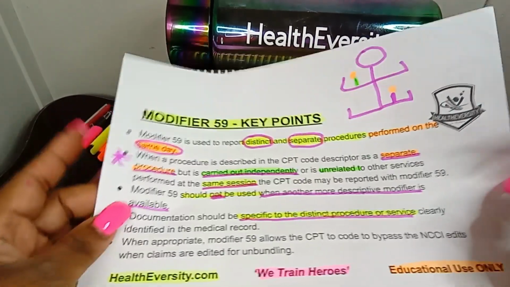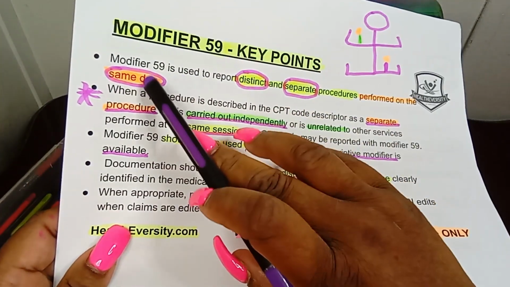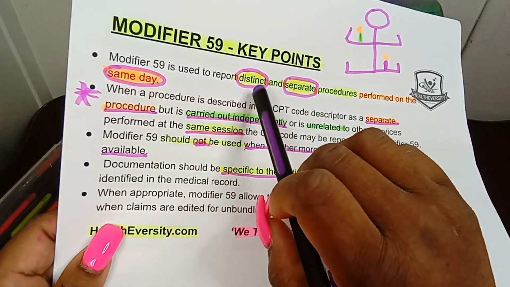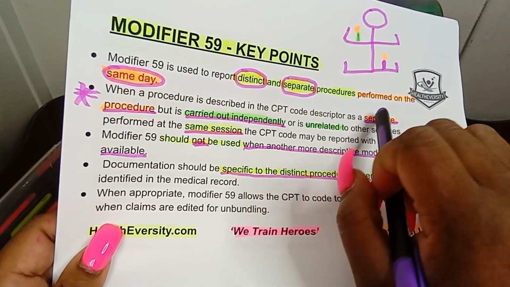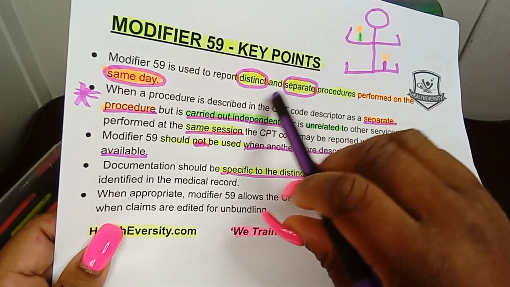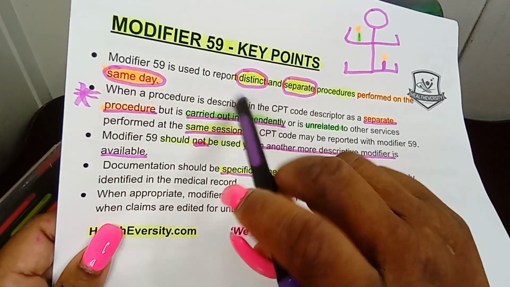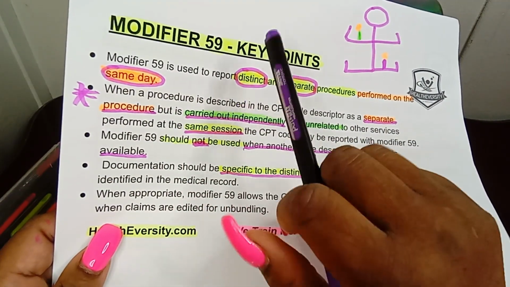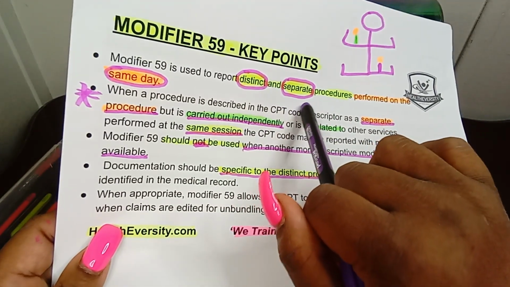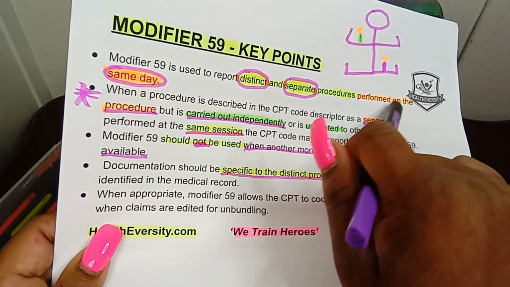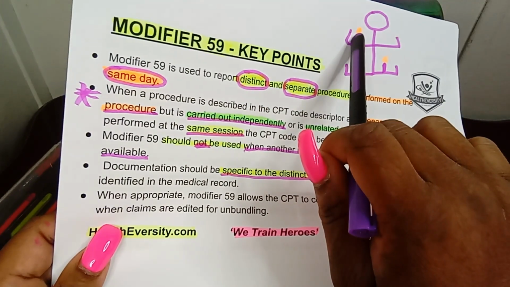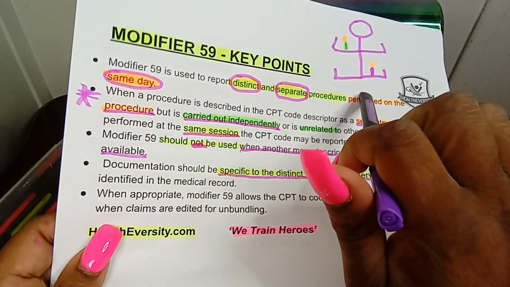Okay, modifier 59 key points. Modifier 59 is used to report distinct and separate procedures performed on the same day. Look up here. One on the hand, one on the leg.